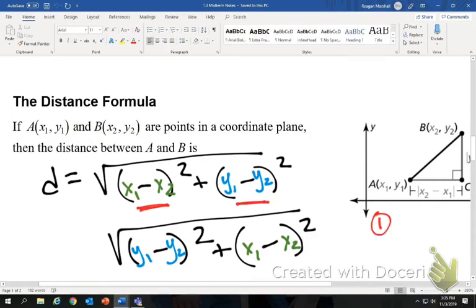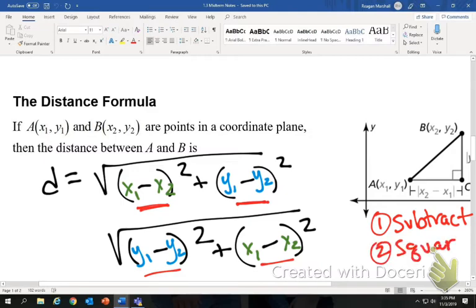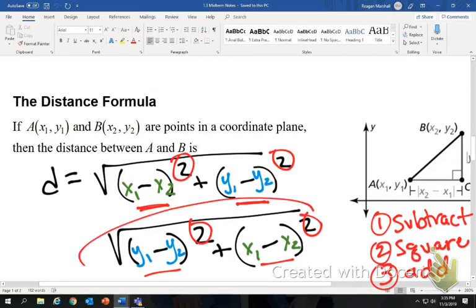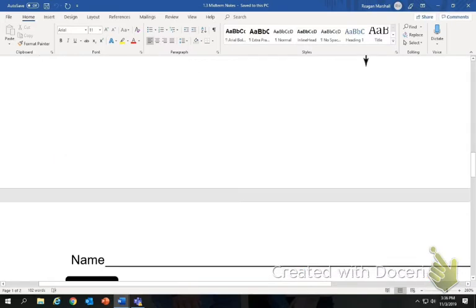So if you don't remember how to solve this kind of problem, you subtract first, and then you square, and after you do that, you add. Either formula that you use, it's the same exact thing. I believe we used this one, so I apologize. I'm going to use that on the next page. So let's go ahead and solve some problems.